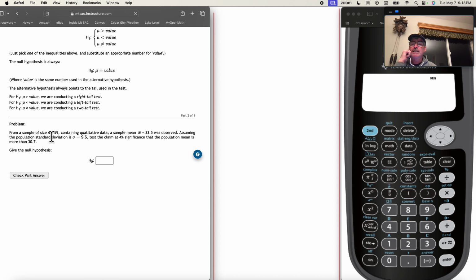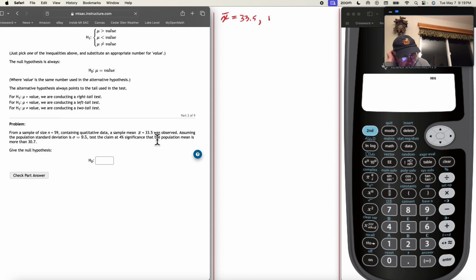There's no context in this problem, so it's a little easier in that sense. Okay, so it says from a random sample of size 59, a sample mean of 33.5 is observed. I'll go ahead and make a note of that. Okay, and our n again was 59.